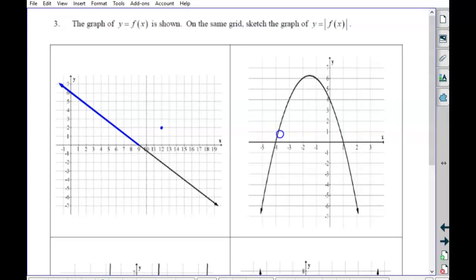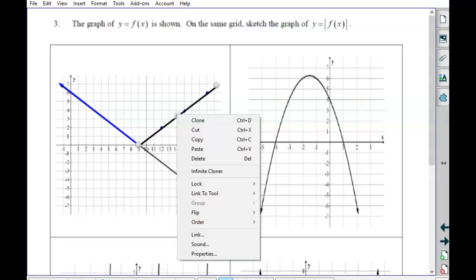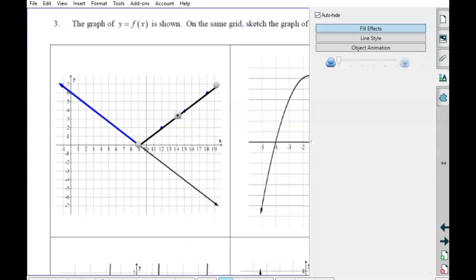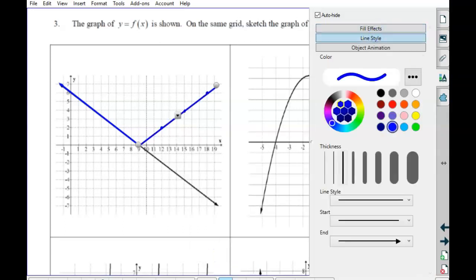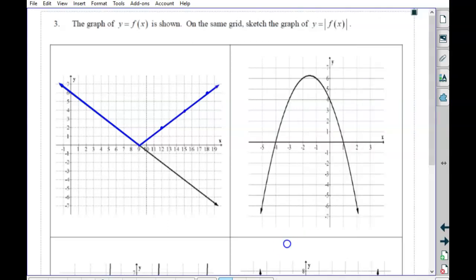Here's another nice one, -4 becomes +4. -6 becomes +6. And then join those up. Okay, that's your absolute value function.